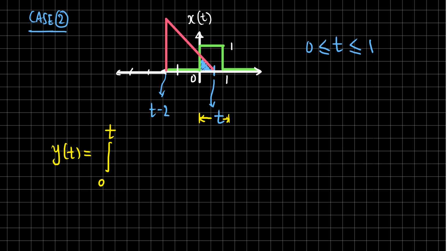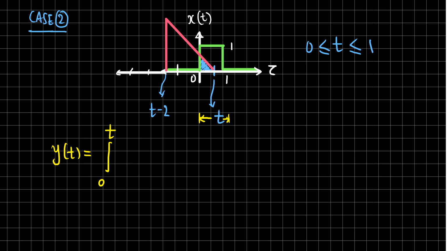Now we know the formula for convolution, x of tau into h of t minus tau, and you should not forget that this axis here is with respect to tau now. So this x of tau is 1 in this range, whereas h of t, we know that that is t, but instead of t we need to consider t minus tau.